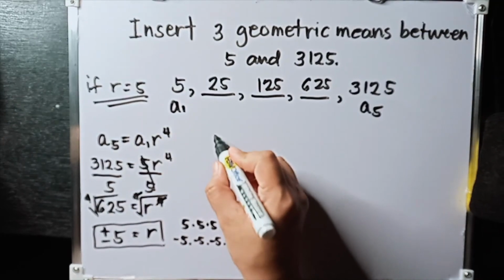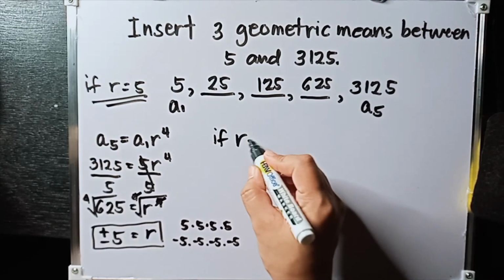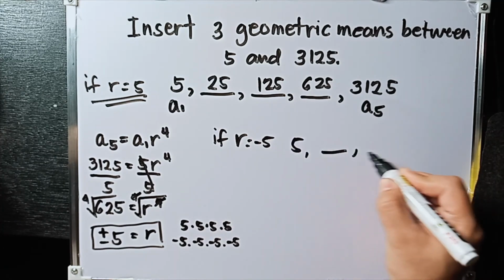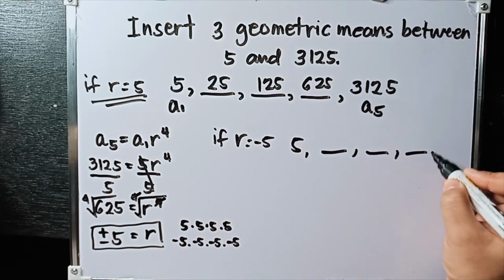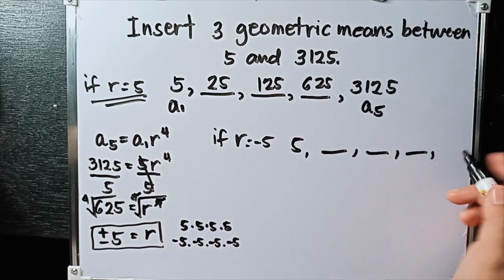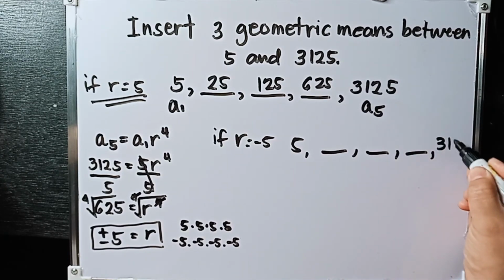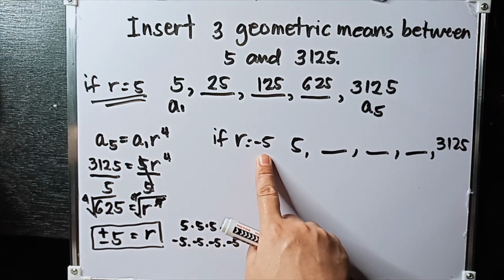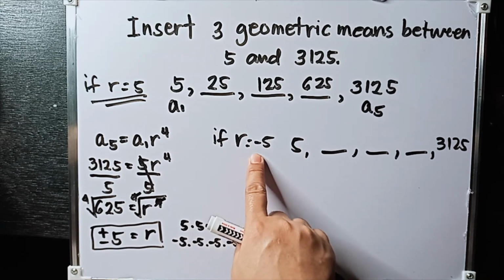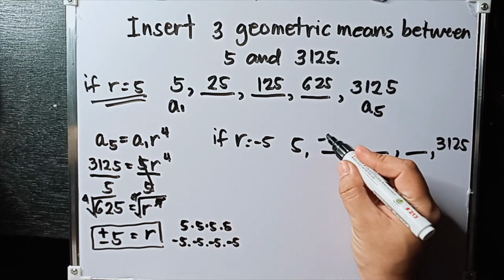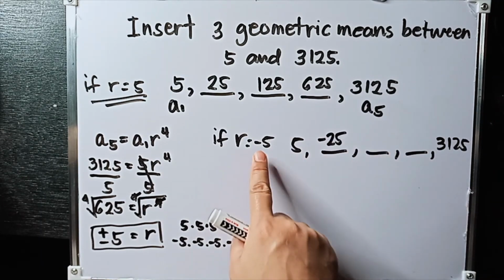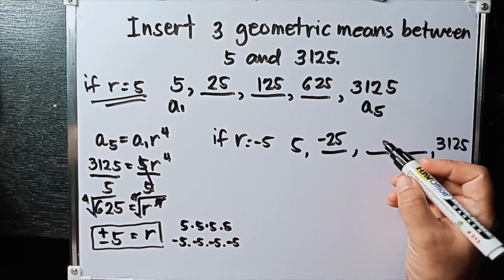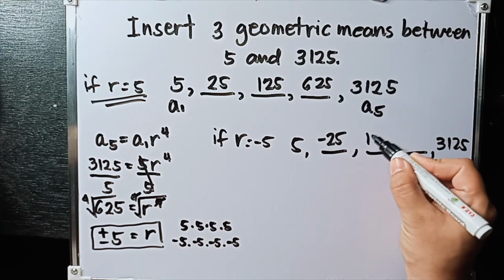So, we have another value for r. r is also negative 5. So, it means that if we are going to insert geometric means between 5 and 3,125 using the common ratio which is negative 5, that would mean that negative 5 times 5 is negative 25. Negative 5 times negative 25 is positive 125.